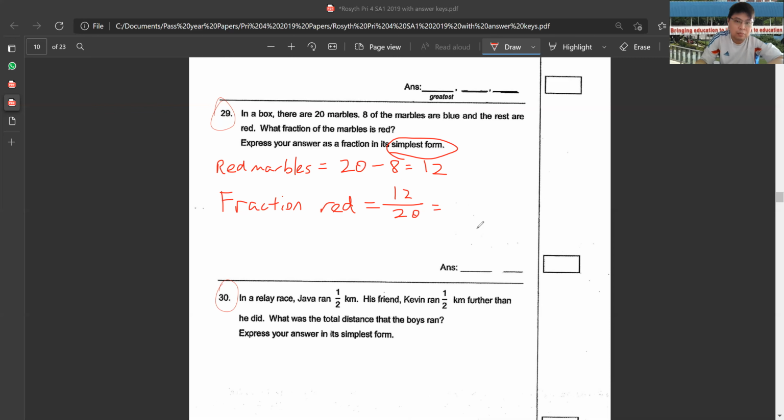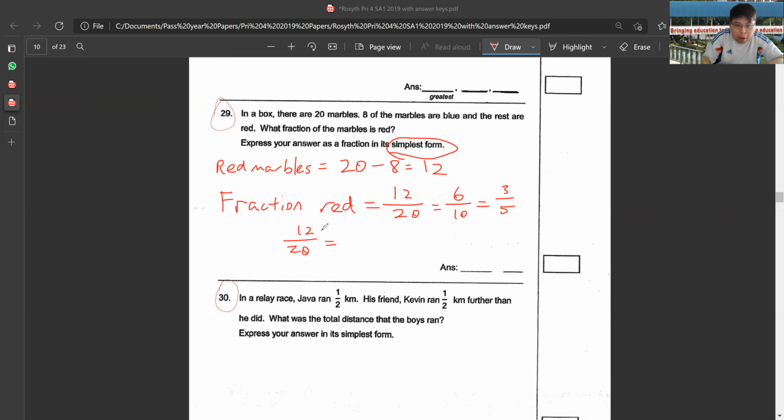Divide by 2 top and bottom, I got 6/10. Is 6/10 the simplest form? No. So divide by 2 again. Then equals 3/5.